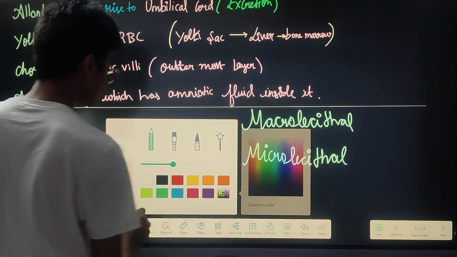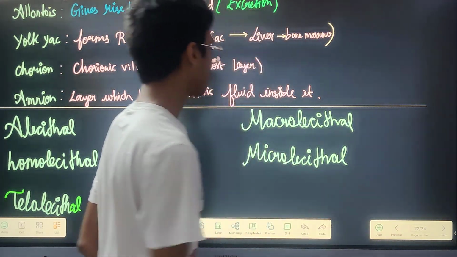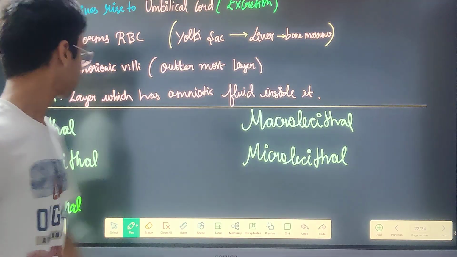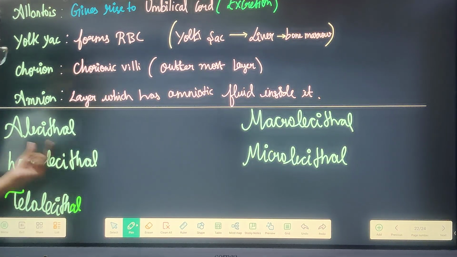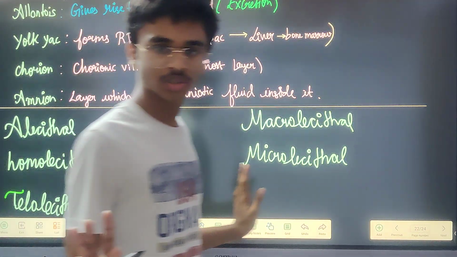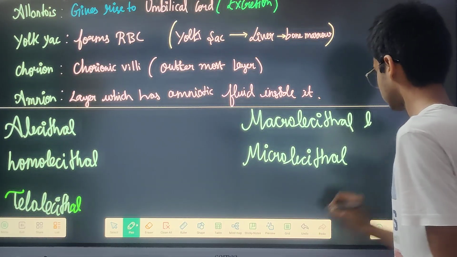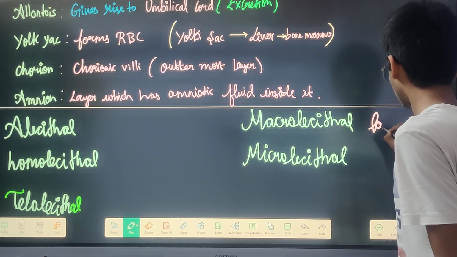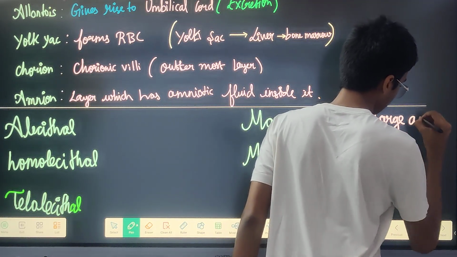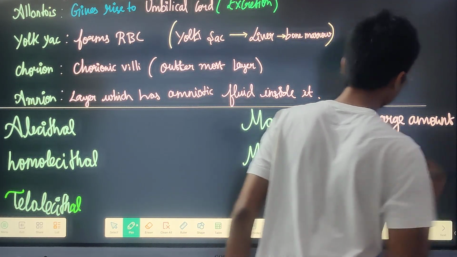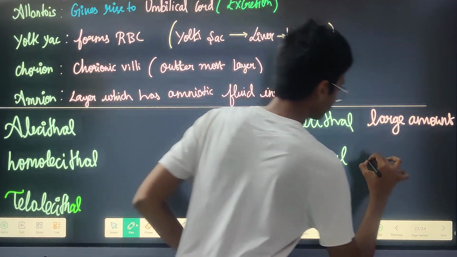So first I'll start with macrolecithal. What is macrolecithal? Lecithal means yolk. Macro means large amount, micro means small amount, homo means evenly spread out, telo means it is concentrated in a particular place, and a means no yolk. Here the yellow yolk is present in large amount, here in small amount.